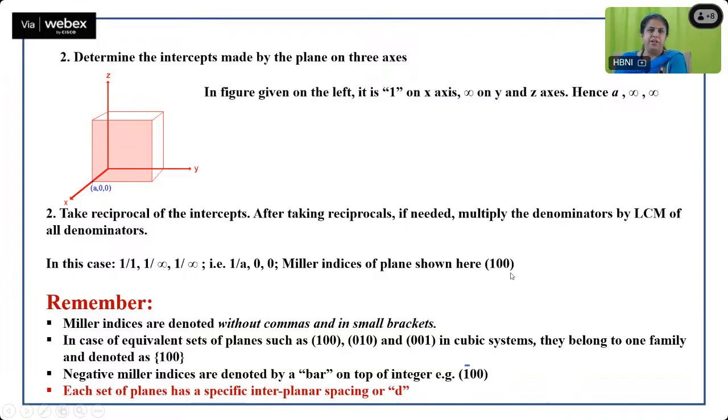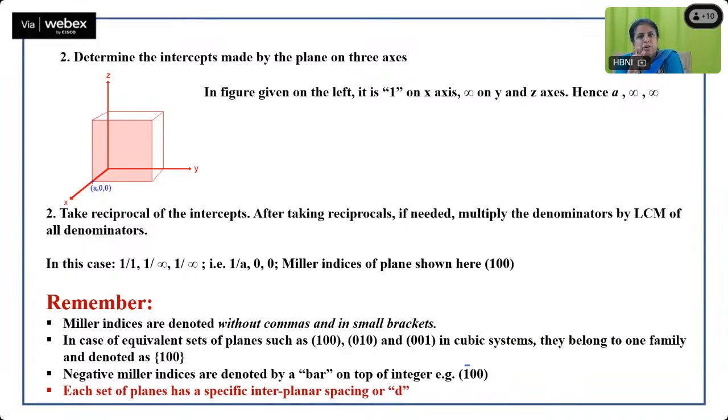So if ever you see something like 100, now Miller indices, what it says is it is a plane that is making an intercept of this number on the x, y, and z axis. You need this. Okay. So what it actually means is if it is showing an index of 0, it means it is parallel to that particular axis. So immediately it should click to you.